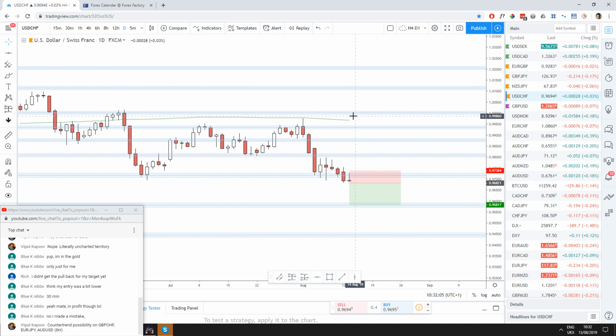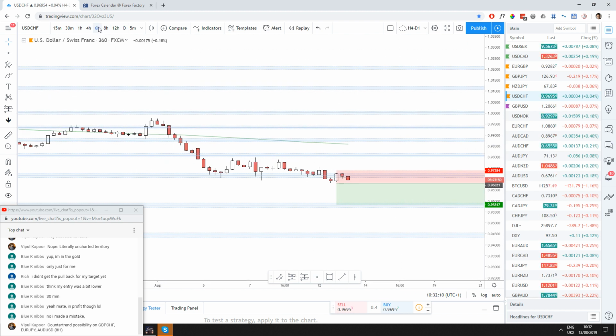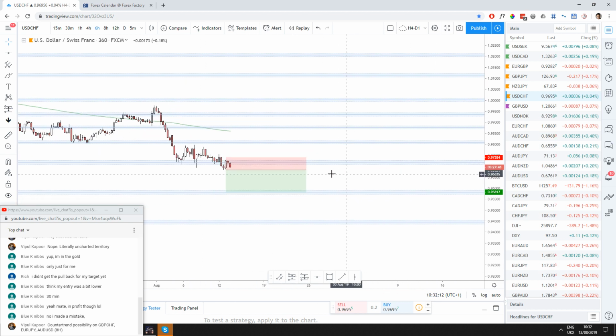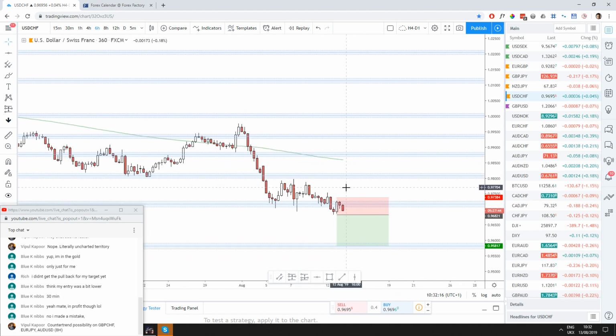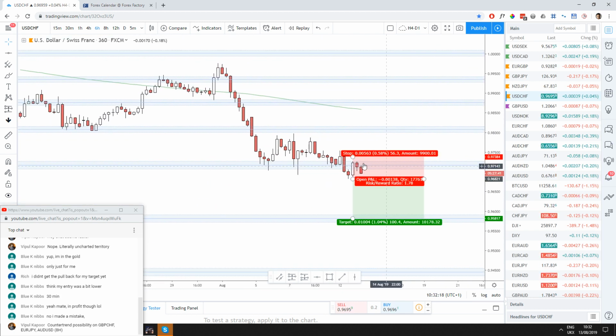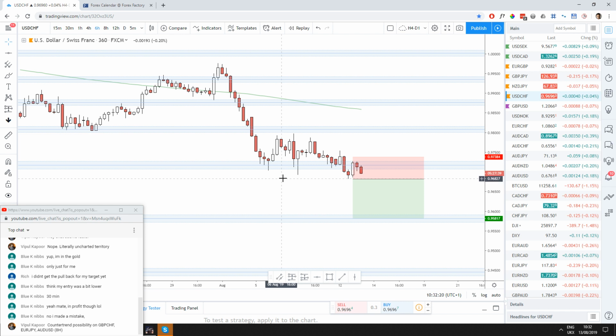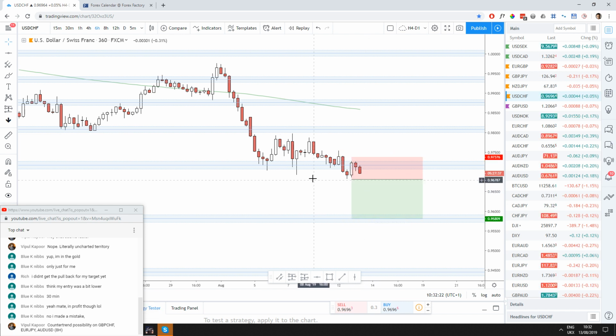Yeah, there's definitely potential here for a short on USDCHF, a short continuation. So let's let this one play out, see how it goes. We are seeing a drop now, so I would be looking to enter this quite soon.